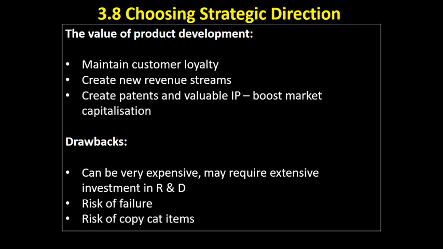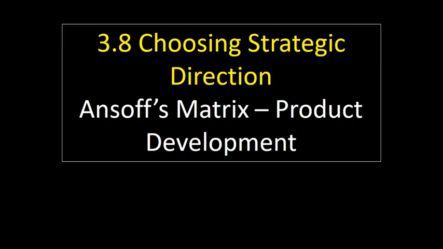It can be very difficult to do, and if you just Google patenting wars in the mobile phone industry, you'll see that they're all suing each other, and it's not really clear who's coming up with these ideas in the first place. So that's Ansoff's matrix product development.